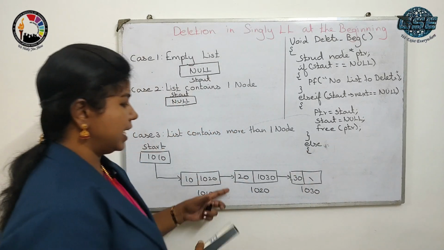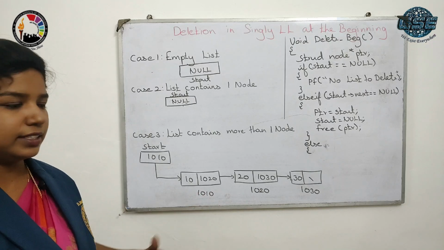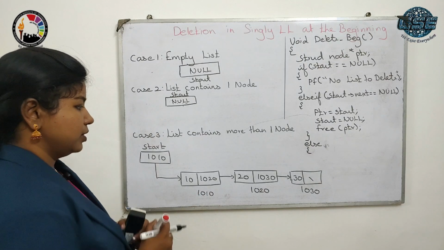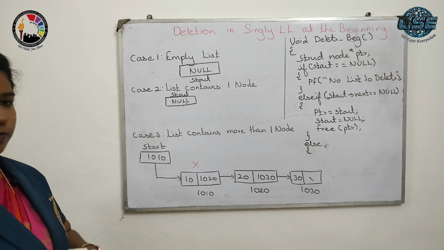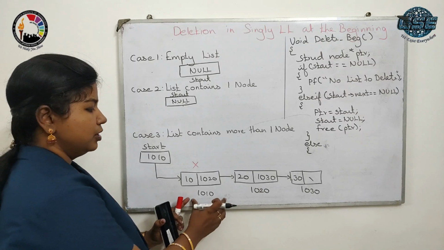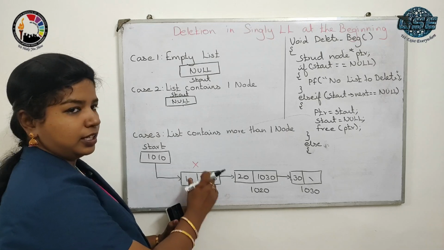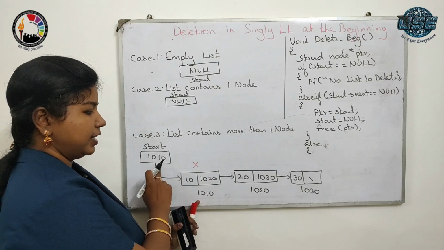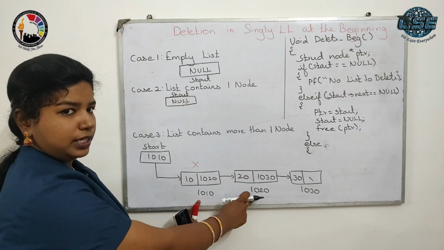So the next case is, if you already have a linked list and in that linked list I am going to delete the first node. So this is the first node. So I am going to delete this first node from the linked list. So I have to make the pointer point to the first node. Then I have to make the start point to the next node.